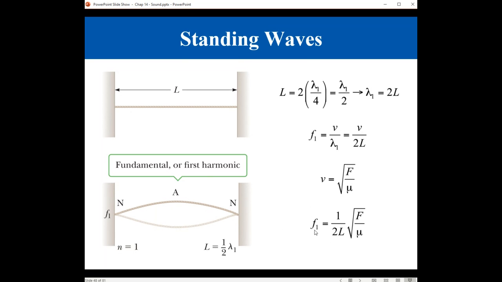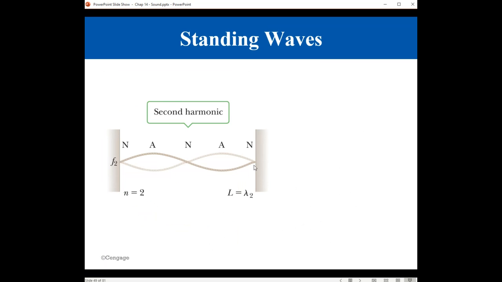The frequency of the first harmonic or the fundamental then is 1/2L square root of F divided by mu. F is the tension force applied to the string, and mu is the linear mass density, the density per unit length of the string.